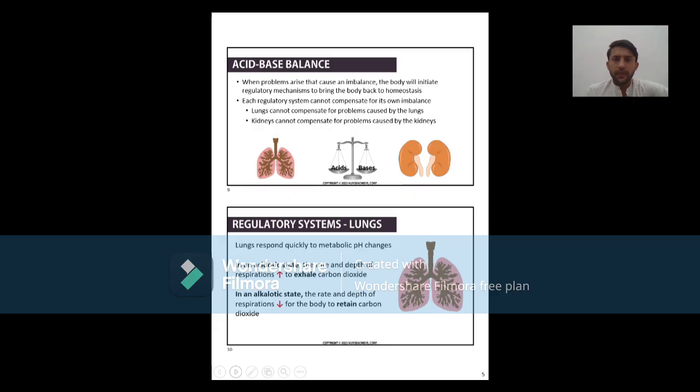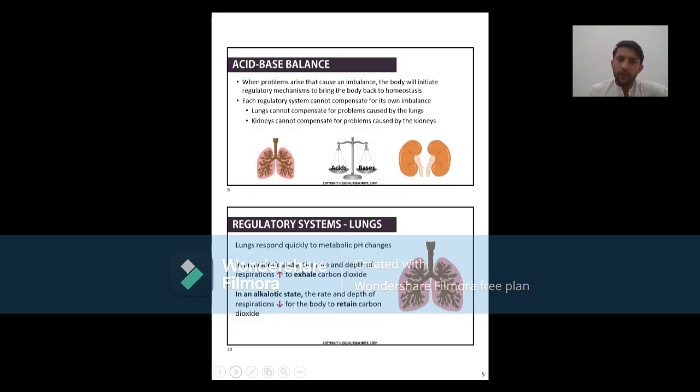Lungs cannot compensate for a problem caused by the lungs because there is some underlying issue going on. It cannot compensate itself. The other organ, the kidney, will help to compensate for the lungs, and the kidney itself cannot compensate for its own problem caused by the kidney.